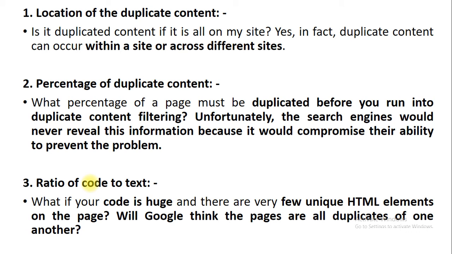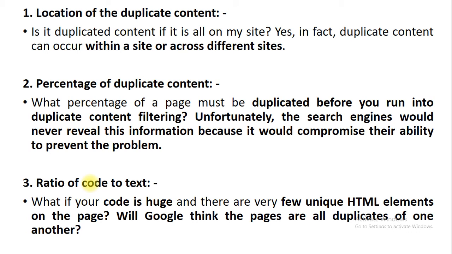What percentage of a page must be duplicated before you run into the duplicate content filtering? Unfortunately, the search engine will never reveal this information, because it would compromise their ability to prevent that problem. So remember, the percentage ratio of duplication is not revealed by the search engine. It will automatically prevent such kind of problem.